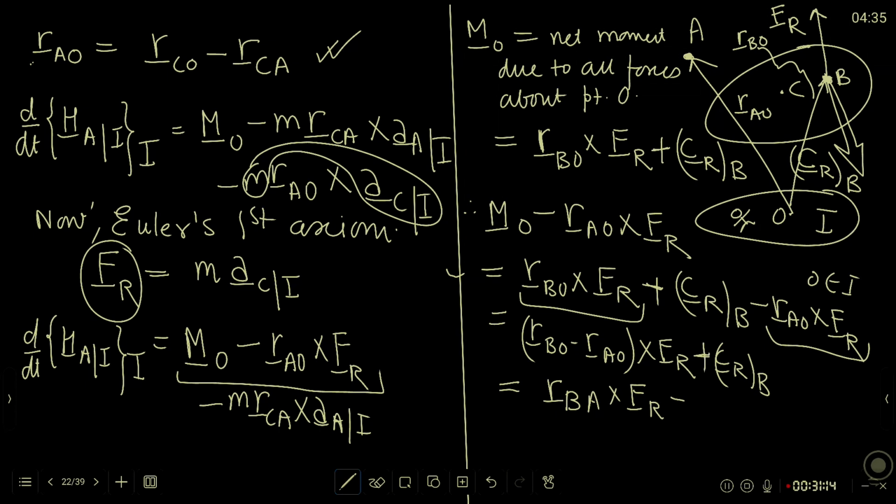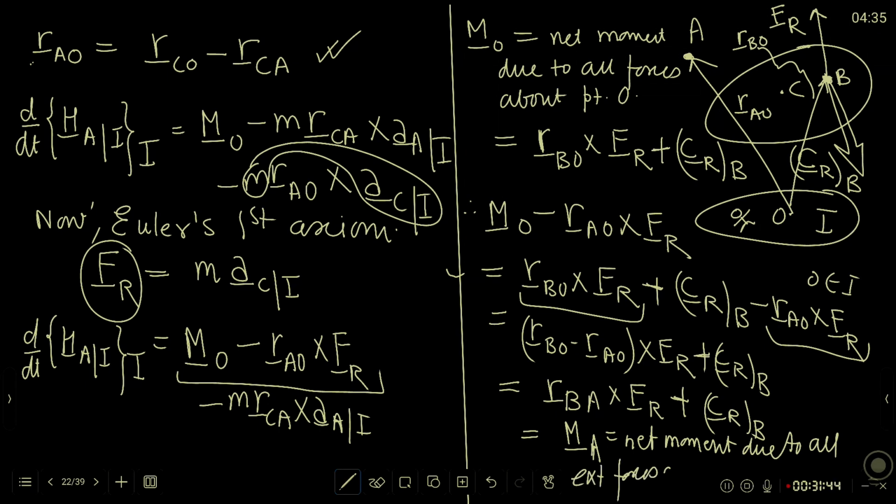RBA cross FR plus CRB is exactly equal to MA. It is the net moment due to all external forces about A. Okay. So I have shown that this thing is MA.